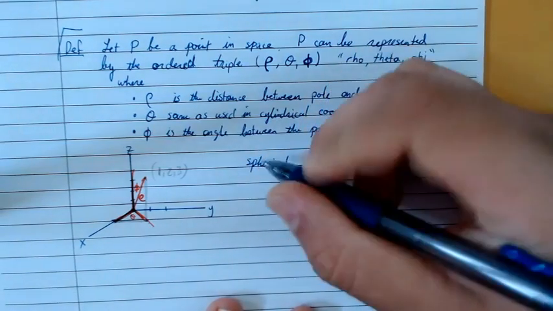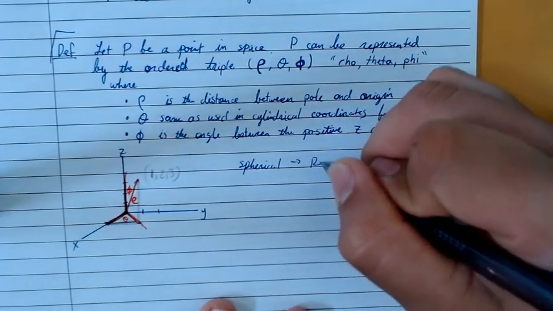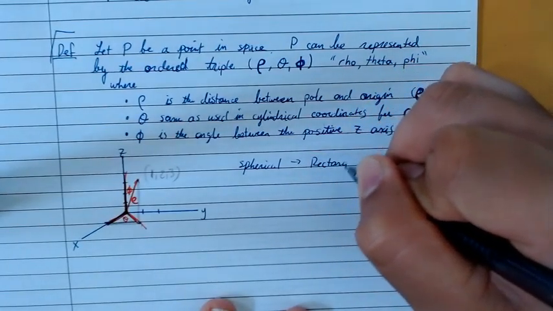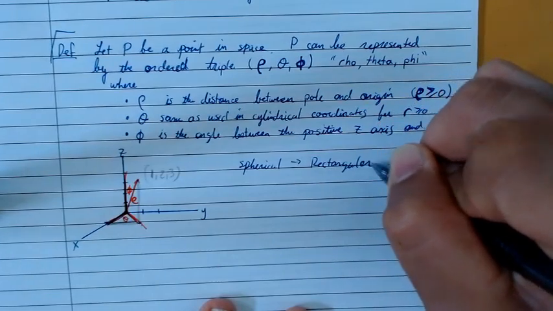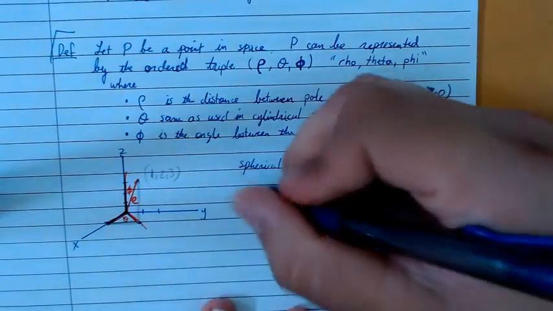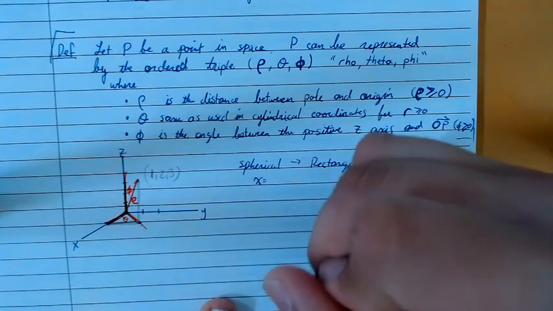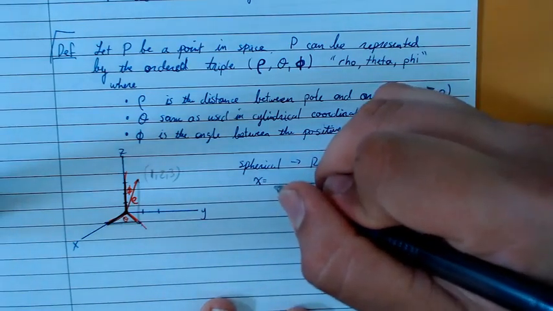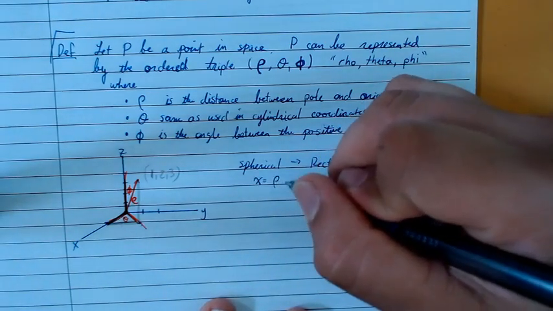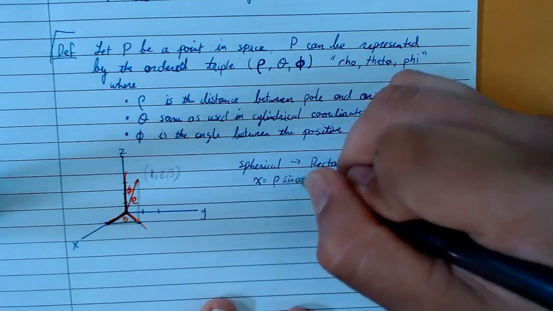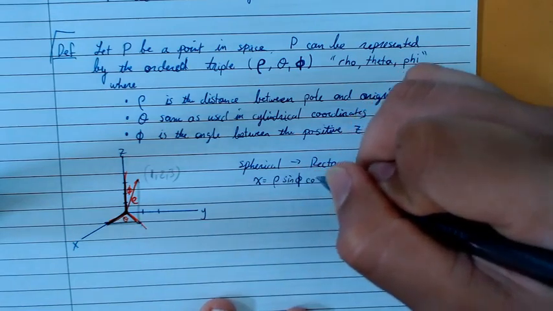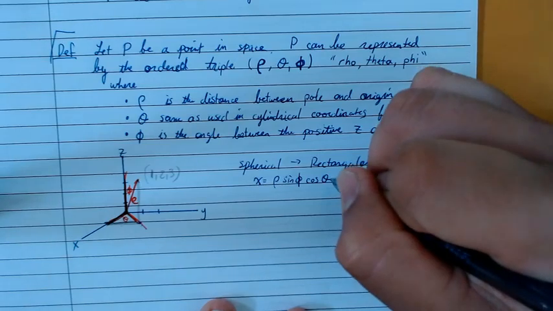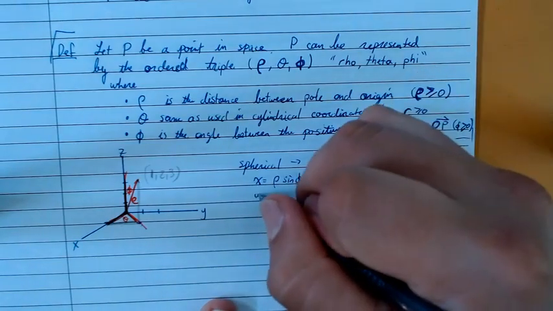So how do I go from spherical to rectangular? Okay, so how do we find X? X is going to be rho sine of phi cosine of theta. How do I find Y?